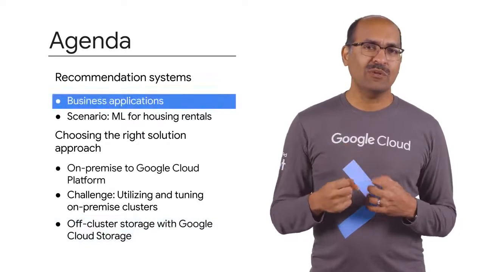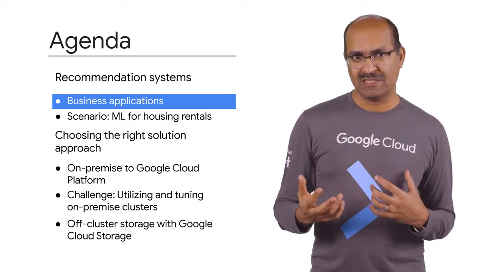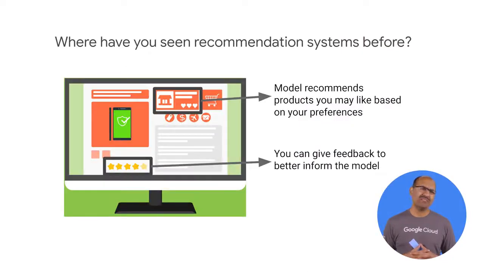Let's start with where you find recommendation systems adding value to businesses. Where have you seen recommendation systems before? One common place that comes to mind is e-commerce product recommendations.